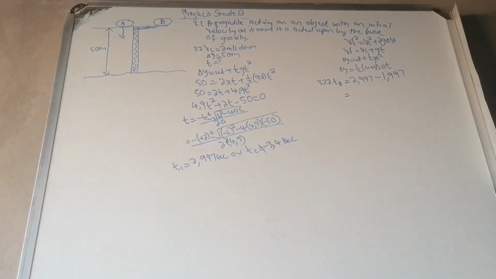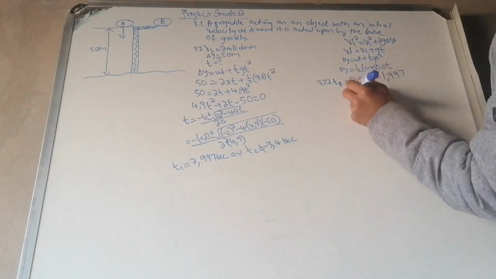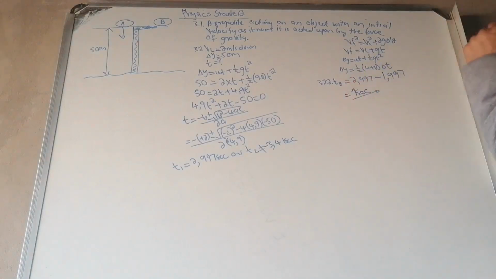If we go to the calculator, let me go to the calculator and say 2.997 minus 1.997, and I will get a value of 1. I will get a value of 1 here. Let me go back to the question.